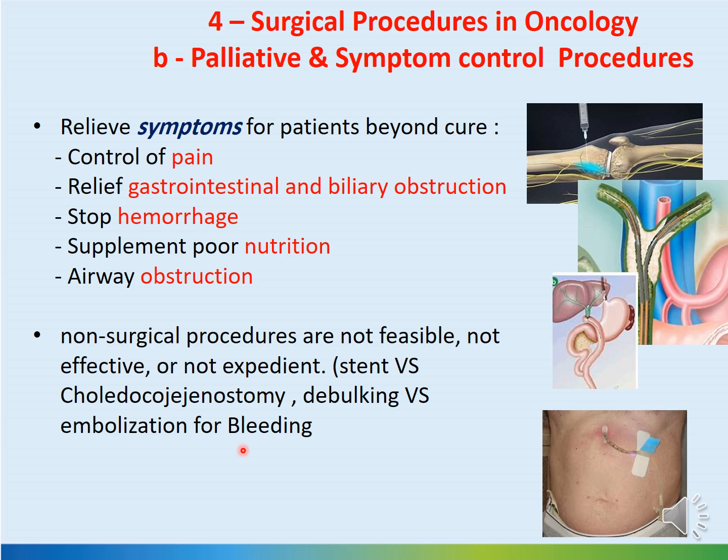But if we have an interventional radiologist who can do embolization to the area or to the blood supply of the tumor or to the artery, of course we have to go this way. So the point here is, yes, we have palliative procedures, but they should be a second choice if we have a non-aggressive or non-surgical procedure available.